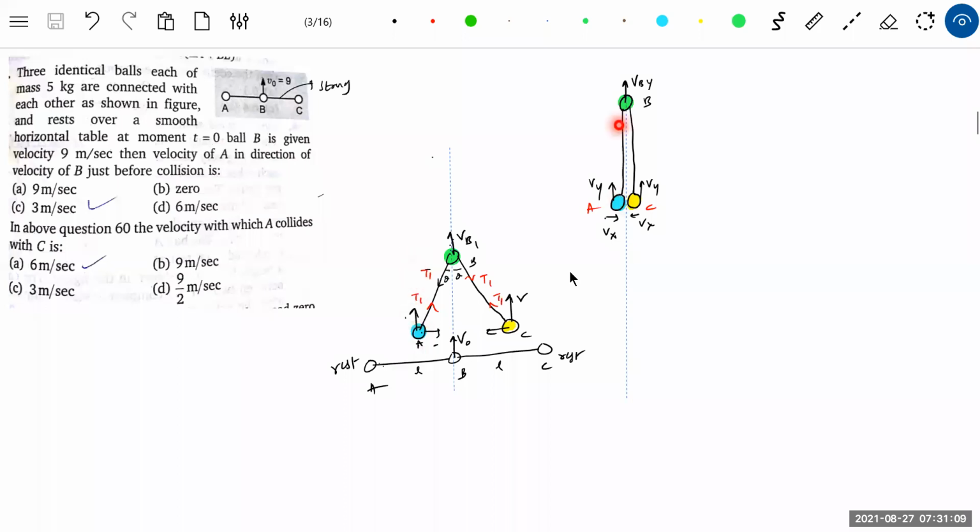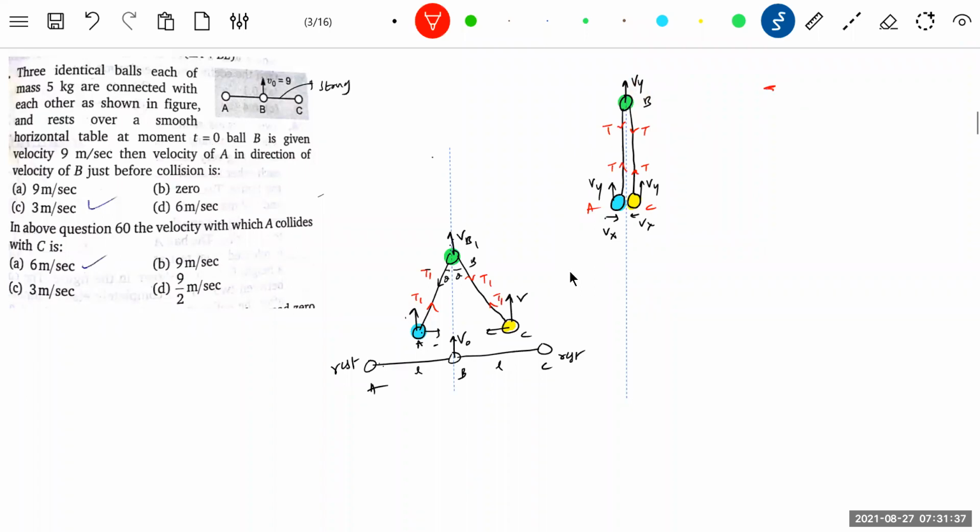So finally, we'll get a situation like this. Now can we say this VBY equals Vy? Yes, in fact, just as they are about to collide. Okay, this is the condition. Some tension will act here, let's not bother. What is the net force on the system along the y-axis? Now also it will be 0. T1 cos theta, T1 cos theta.